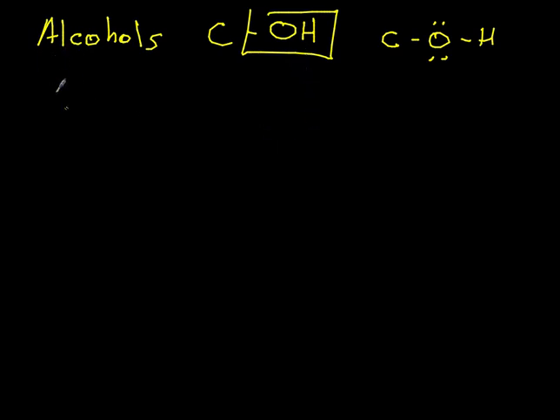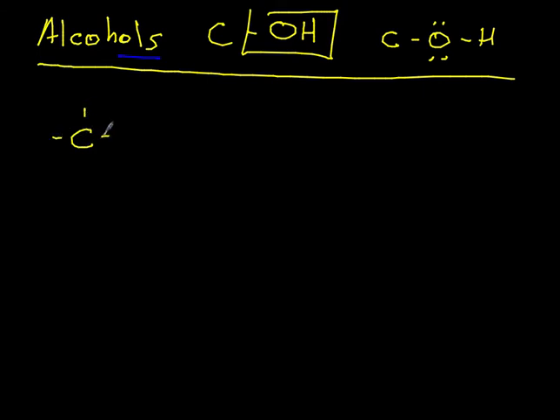And so when you name alcohols, we're going to change the ending to -ol. Let's just do one. Again, there's H's here, I'll go ahead and draw them this time. So again, that's methane.